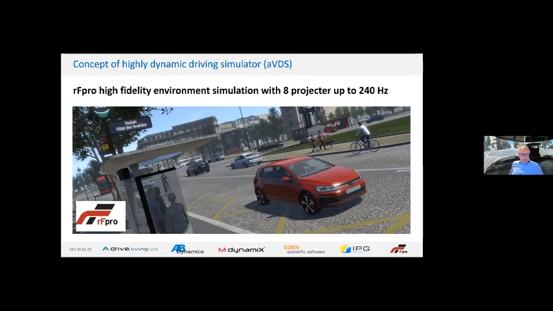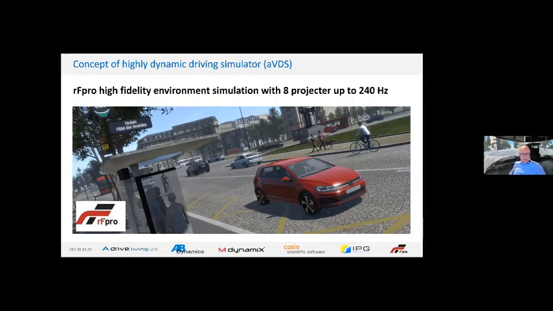And I have to say that this presentation was done together, because for the driving simulator we have, I would say, technical partnerships with certain companies like ABD, MdynamiX, COSIN, F-Tire, IPG, and RF Pro, because such a system has a certain complexity, and therefore it's important that all stakeholders are interested in generating and developing new methods and new technology on the driving simulator.